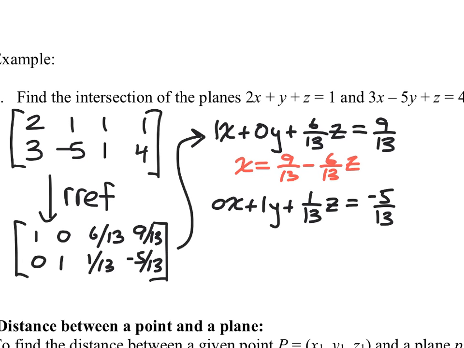And then in the second case, it's going to be y equals negative 5/13 minus 1 over 13z. The only thing that we have, it's not really an issue, is you look at it and say, well, I don't see a z. I see the z as being part of other equations, but what is z equal to?